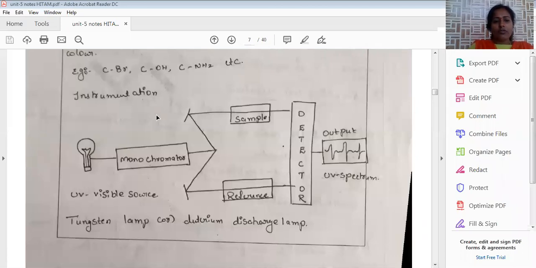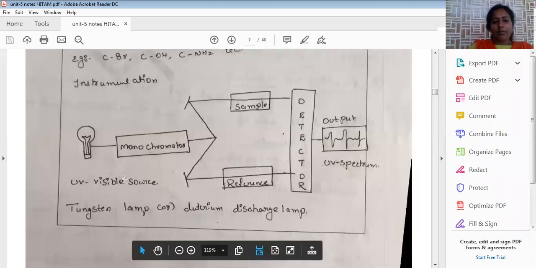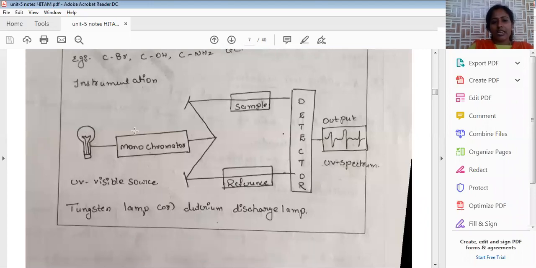In the instrumentation of UV visible spectroscopy, the radiation source is a tungsten lamp, otherwise a deuterium discharge lamp may be taken. The light from this lamp propagates in all possible directions. Now the light is passed through the Nicol prism or polarizer.